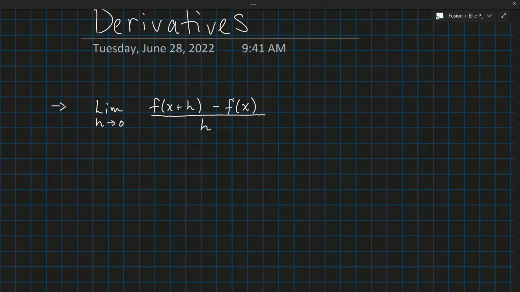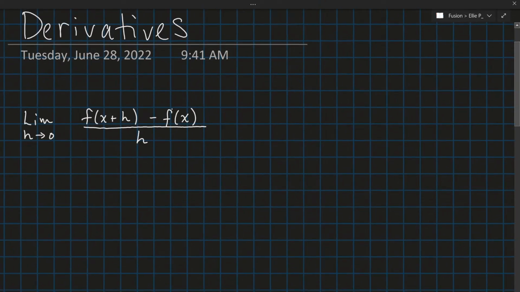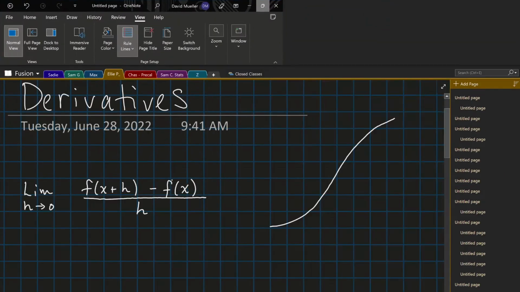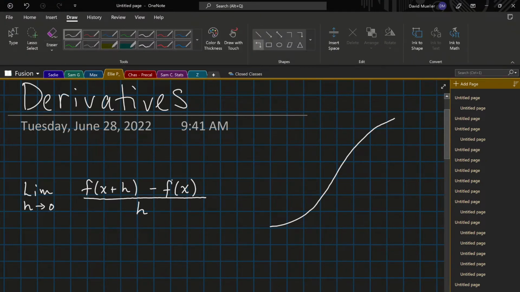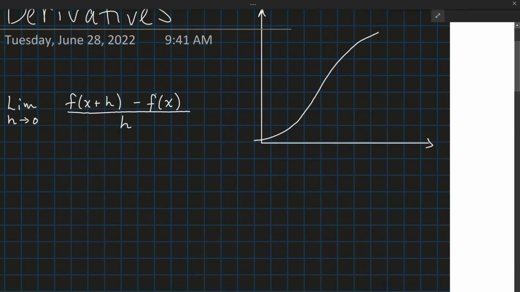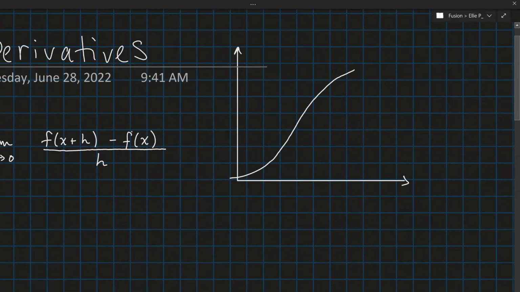So if we imagine just a random curve, then f of x at some value would be, let's just say, somewhere here. So this is our x, and f of x is the height at that point.